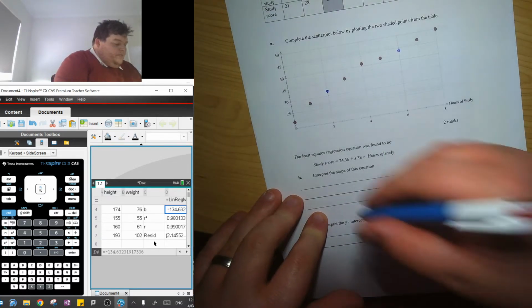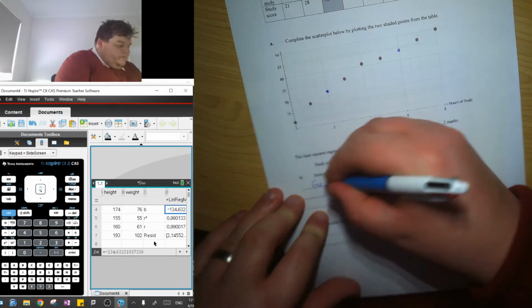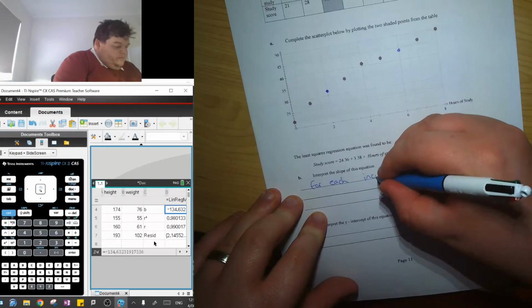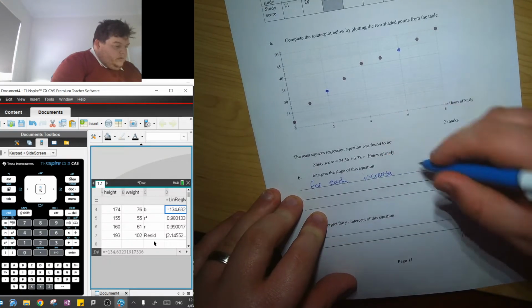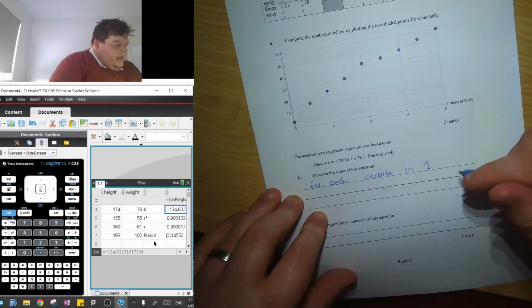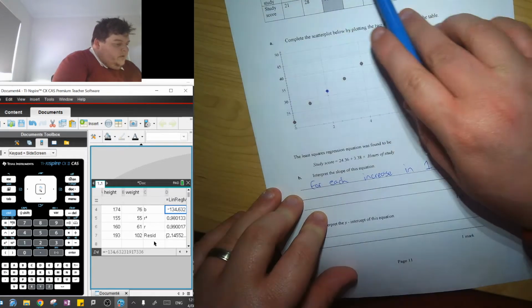Interpret the slope. So for each increase in one, is this on average? Yeah, it's per night.